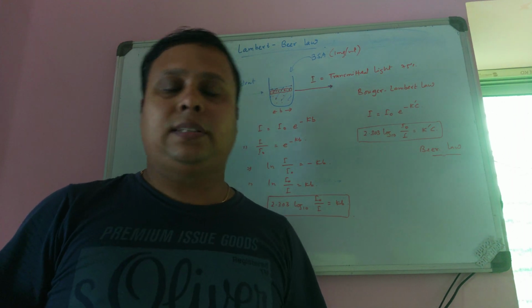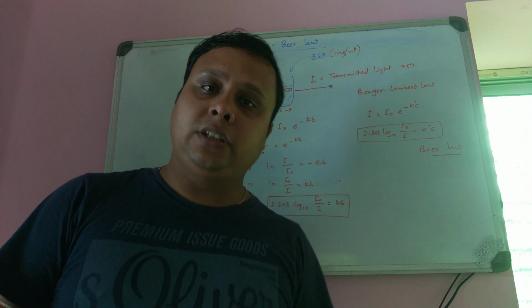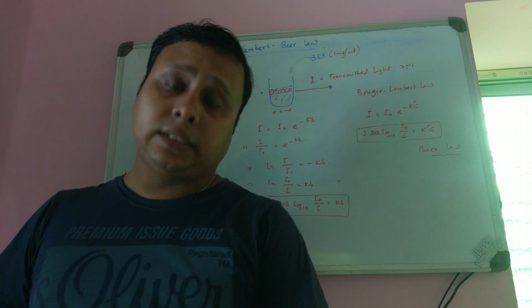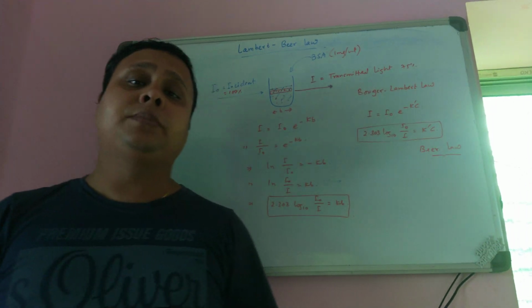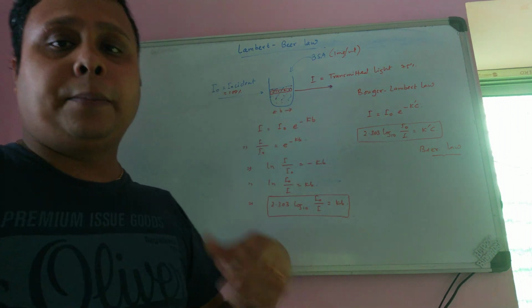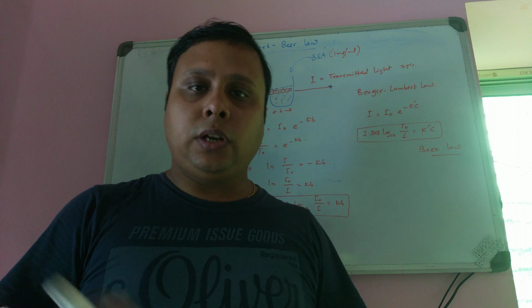So now we can combine these two laws, the combined law. The combined law says that the amount of light absorbed by a material, which can be denoted by absorbance or transmittance, is proportional to both the path length of the absorbing material and also the concentration of the absorbing molecules. So we are combining the two laws.